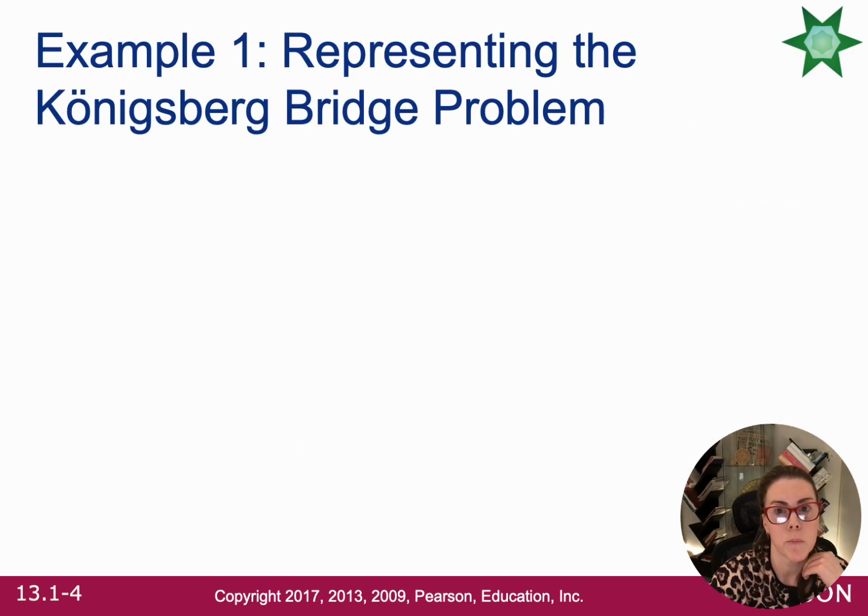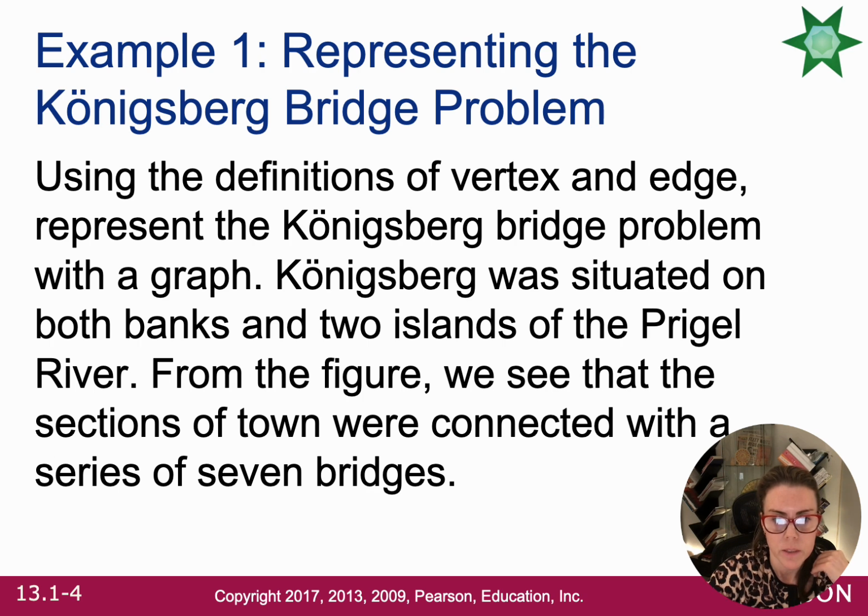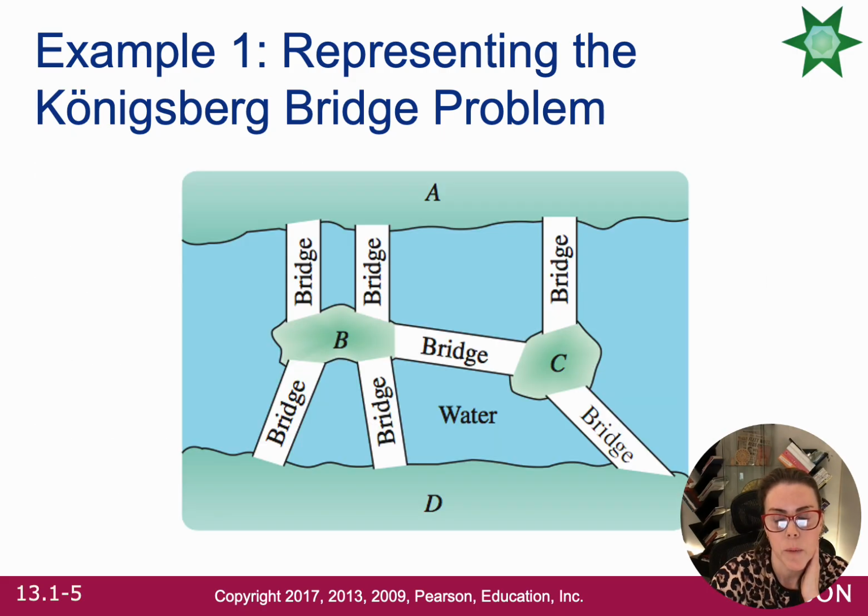One of the most famous problems in graph theory is the Königsberg bridge problem. Königsberg was situated on both banks and two islands of the Pregel River. From the figure, we see that the sections of town were connected with a series of 7 bridges. Here's a map of those 7 bridges.